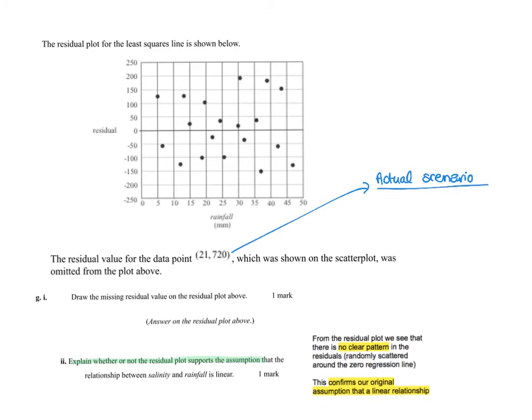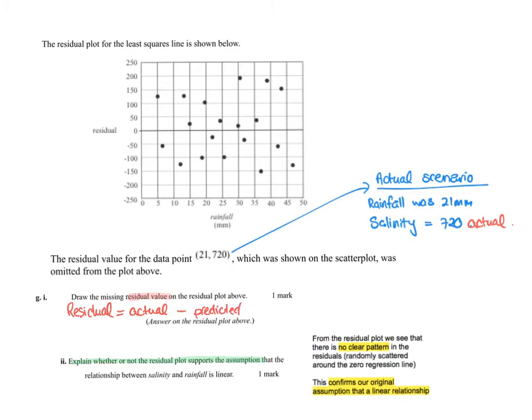So what they've said when the rainfall was 21 millimeters, the salinity equaled 720. So this here is the actual. Now, when they've asked, they said draw in the missing residual value on the residual plot. So you need to write down your formula for residual. So residual on your notes is actual minus predicted.